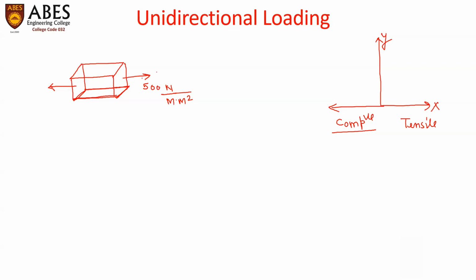As the direction of this stress is in x, it can also be written as sigma x, and sigma x is equal to 500 Newton per mm square. Definitely, for this body to be in static equilibrium, that value must be of the same magnitude with tensile nature. Right?